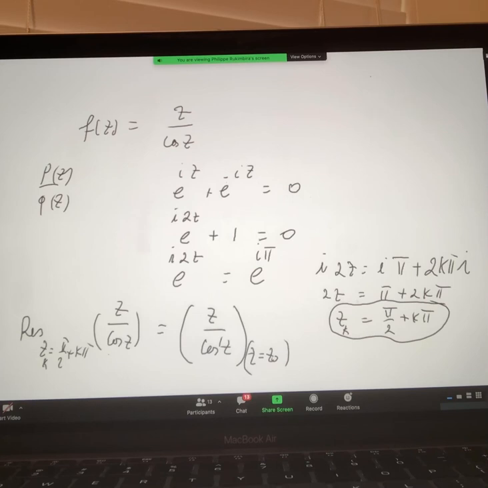So all we need is to do that. It's not z0, I label them z sub k, the pole. Should I have a negative there? Of course, yes.